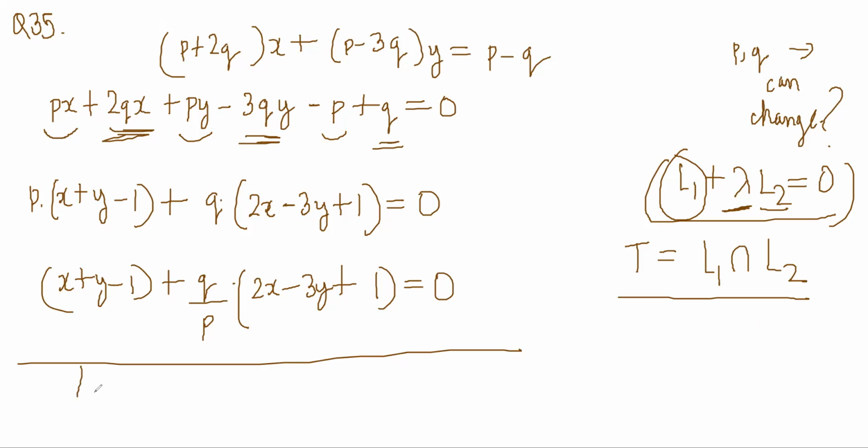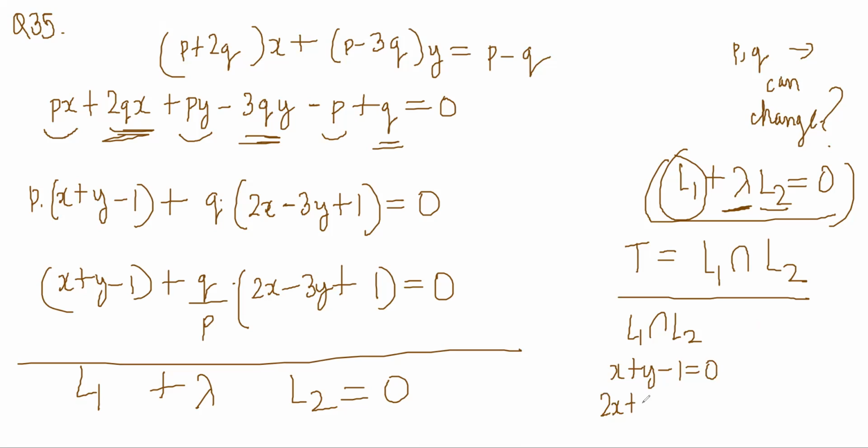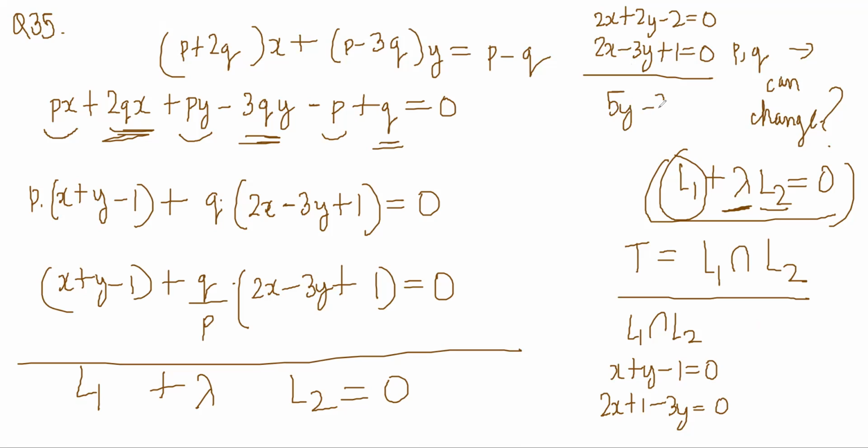Now it looks like L1 plus lambda L2. So it will pass through the point of intersection of L1 and L2, which is x plus y minus 1 is equal to 0 and 2x minus 3y plus 1 is equal to 0, right? So 2x plus 2y minus 2 is equal to 0 and 2x minus 3y plus 1 is equal to 0. Subtract, you get 5y minus 3 is equal to 0.